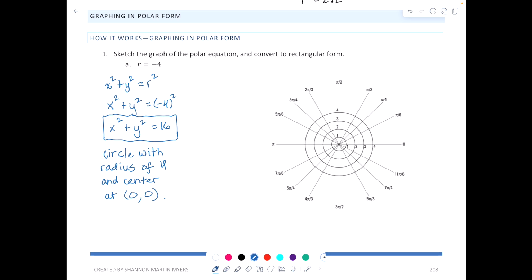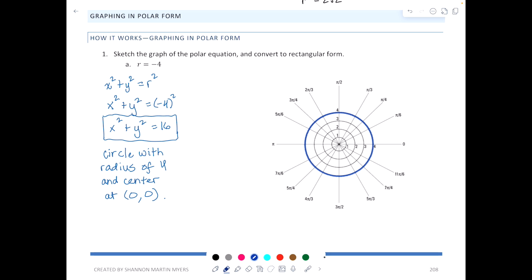So this one will be a real easy one to draw, so we'll go ahead and draw this one. Excellent.